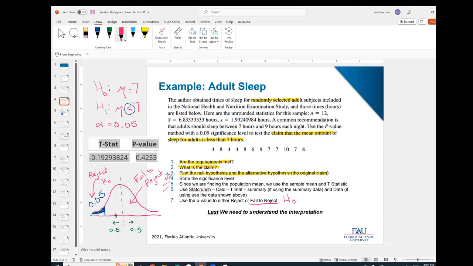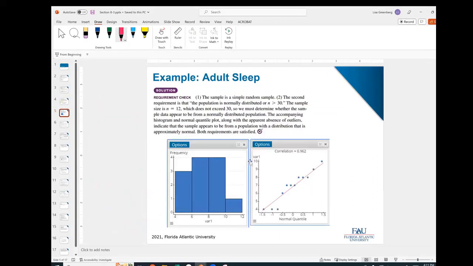Okay, so now let's go through some of these slides, because they're going to give us more information. So again, this is the solution. The sample is a simple random sample. I showed you that. And the second requirement is that the population is normally distributed or n is greater than 30. Since the sample size n equals 12, which is not greater than 30, we must determine whether the sample data appears to be from a normally distributed population.